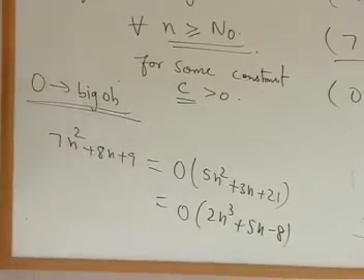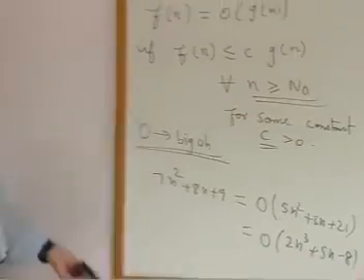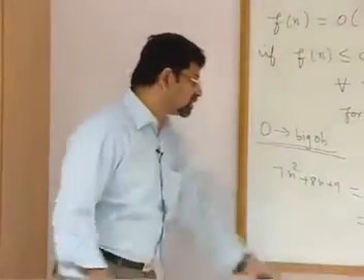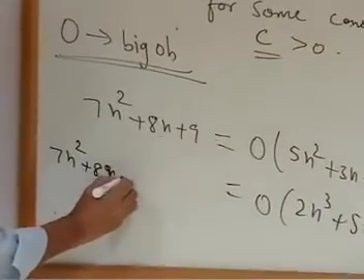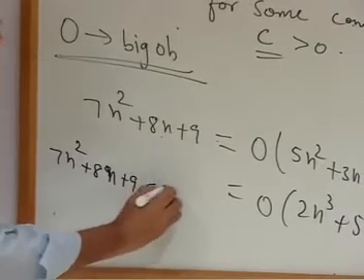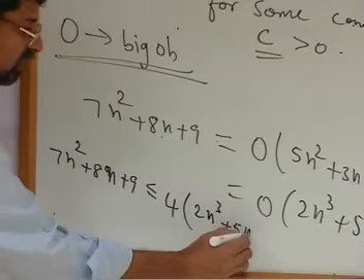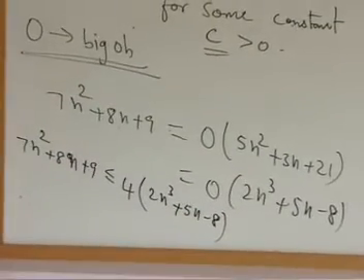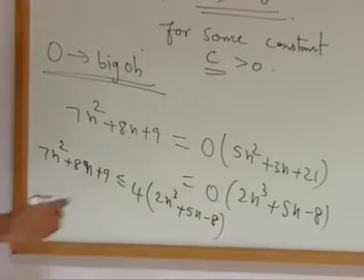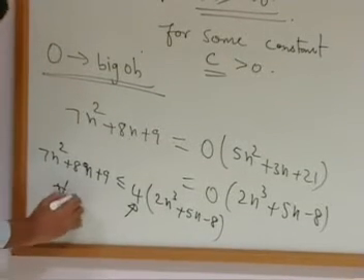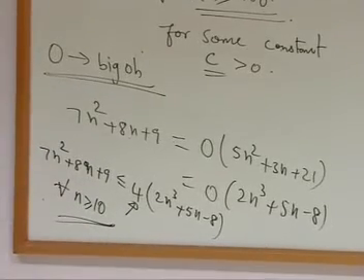Why can you write like this? It is simple. For example, if you consider the constant c equal to 4, this will work. 7n square plus 8n plus 9 is always less than or equal to 4 times 2n cube plus 5n minus 8, because of this relation, with constant c equal to 4, for all, let us say, n greater than or equal to 10.